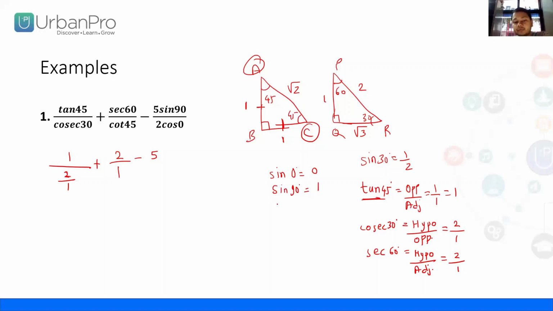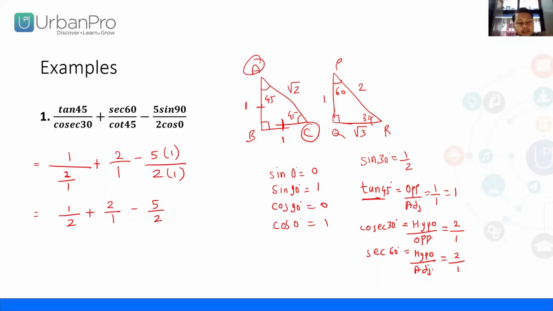And if sine 90 is 1, then cos 90 will be 0. And if cos 90 is 0, then cos 0 is 1. So it alternates 0, 1, 0, 1. So here we take sine 90 as 1, and cos 0 will be 1. Okay, right. Then 1 by 2, then 2 by 1, and then 5 by 2.